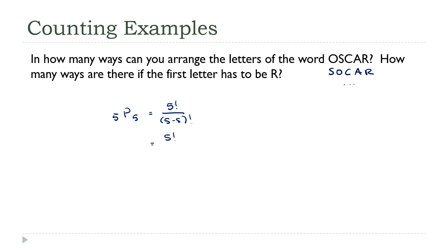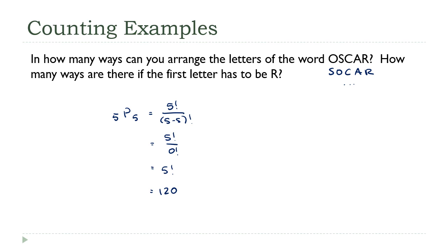That's 5 factorial over 0 factorial. 0 factorial is 1, so this is just 5 factorial. Remember what that factorial means: this is 5 times 4 times 3 times 2 times 1. You can multiply that out, or you can use a scientific calculator. They all have that factorial button on them, so you can have your calculator do the work for you. Either way, this comes out to 120.